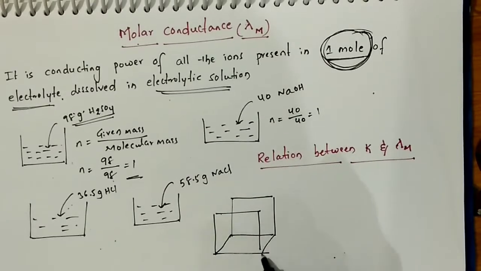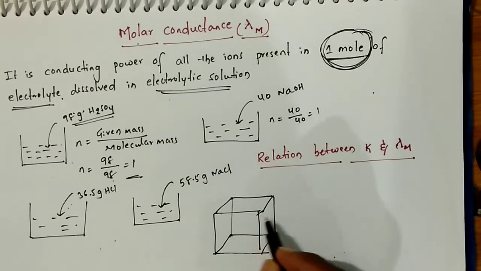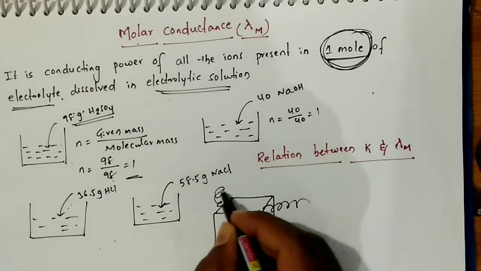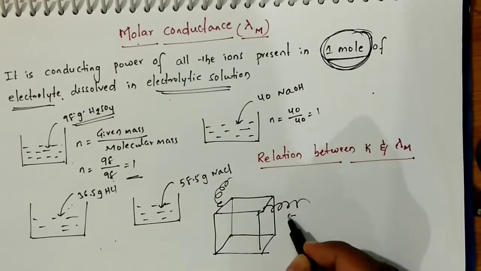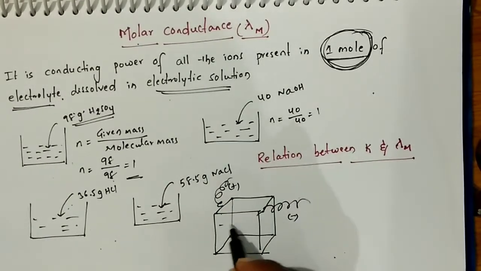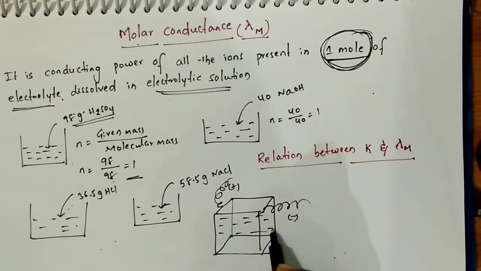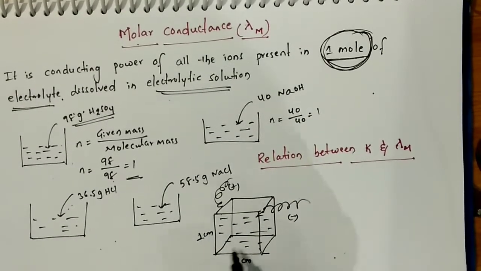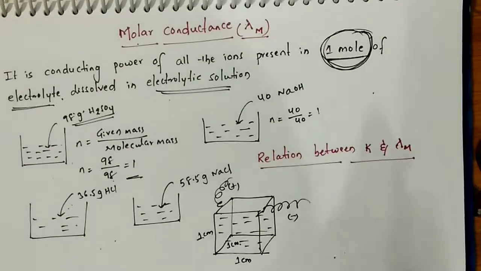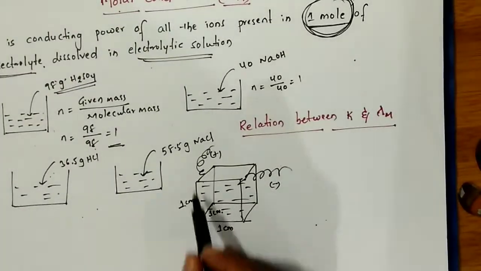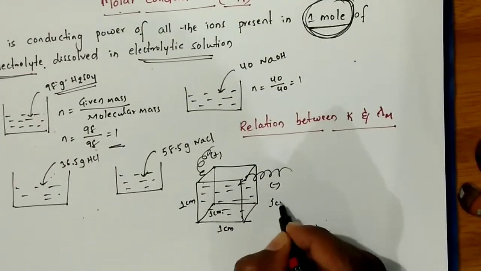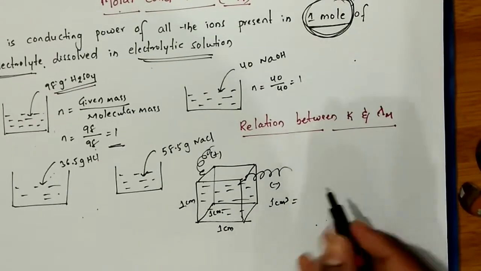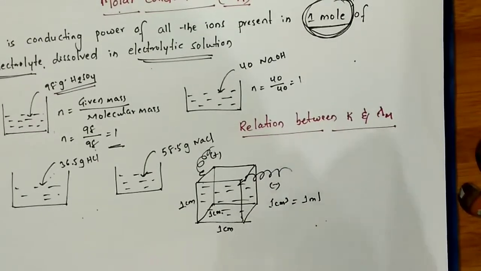electrolytic solution. For example, assume this is the electrolytic cell, this is the cathode, this is the anode. In this electrolytic cell, the height of the cell is 1 centimeter. Just assume this is 1 centimeter and this is 1 centimeter. What is the volume of this cube? 1 centimeter cube, which we consider as 1 ml.